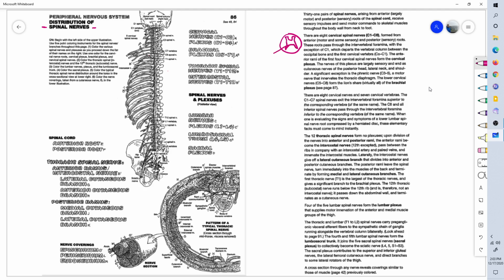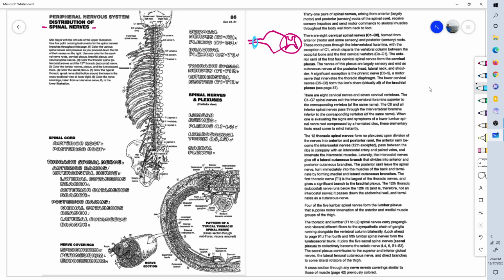Talked about how nerves come in the posterior root for sensation, and then other neurons leave the anterior root for motor function. And then they join up together in this place here as the spinal nerve.